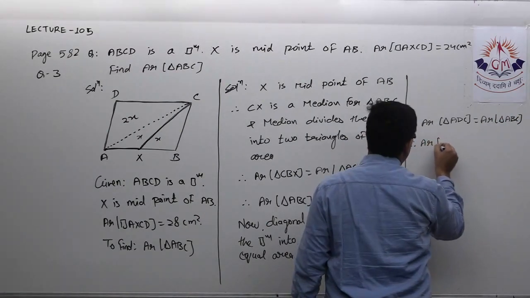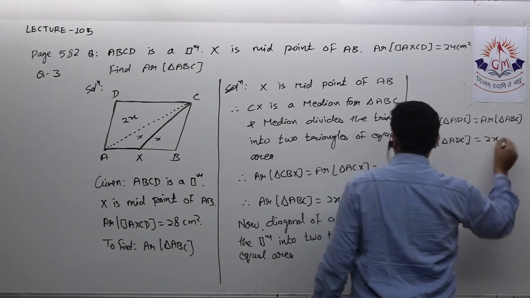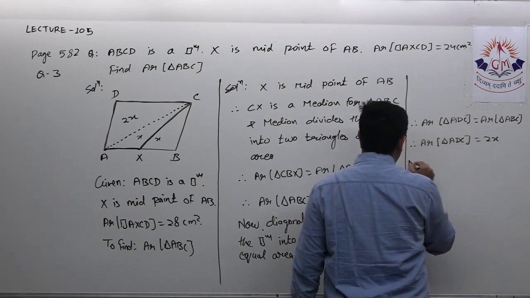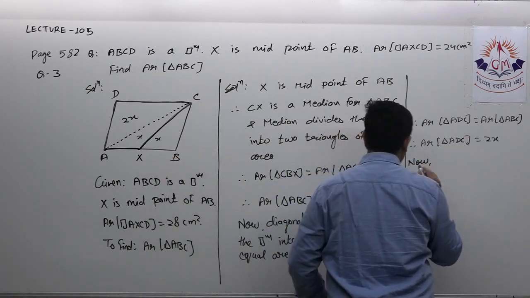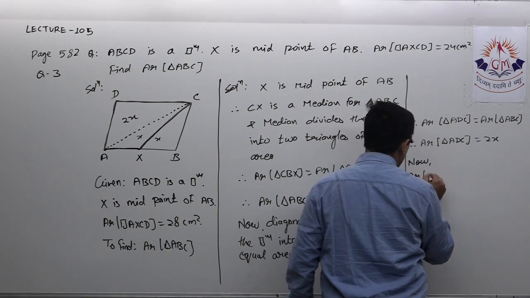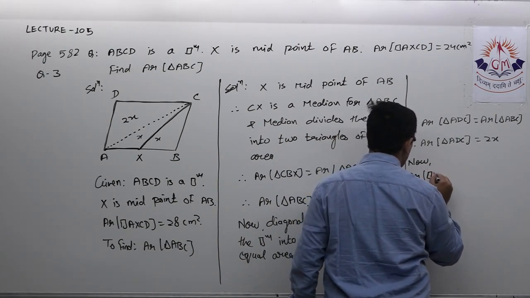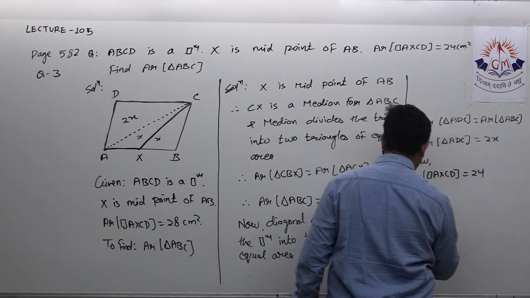Therefore, area of triangle ADC is equal to 2x, because we already have ABC as 2x. Now area of quadrilateral AXCD is equal to 24.